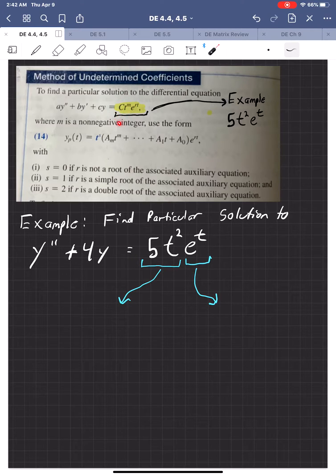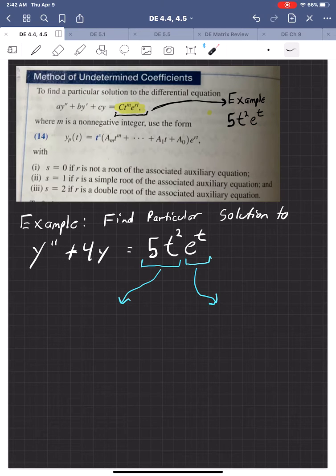So if you follow me off to the side, I've written an example of what they mean by c t to the m times e to the rt. Notice that c is a constant 5, t to the power of m, in this case squared, times e to the rt, in this case r would be 1.